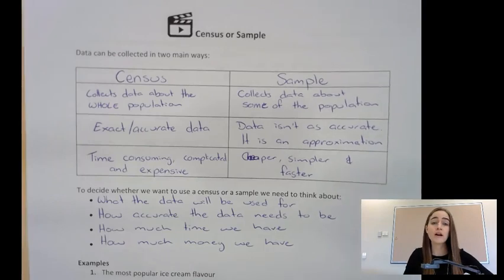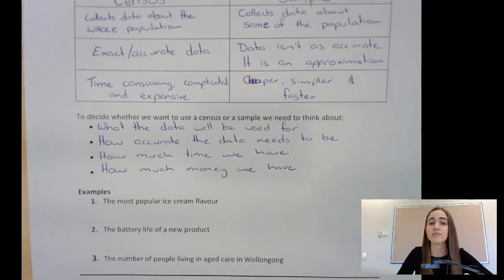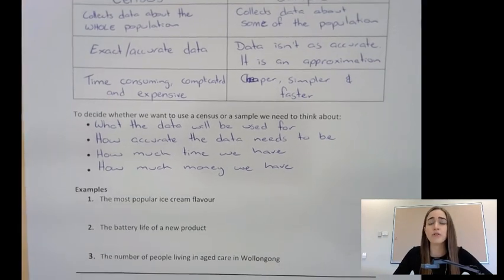So if we have a look at a couple of examples to decide whether we would use a census or a sample. Our first one is if we're trying to find out the most popular ice cream flavour. So we're trying to collect data. Now if we think about these questions, what's the data going to be used for? Chances are it's going to be used when we're looking at sales. So thinking about how much ice cream in particular flavours we need to make or buy so that we can sell them.